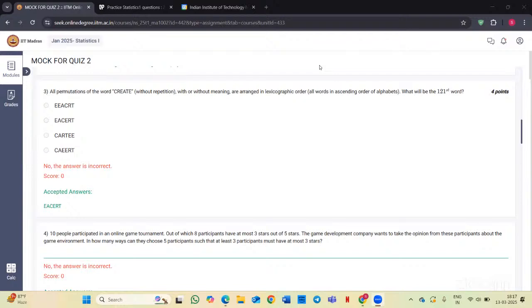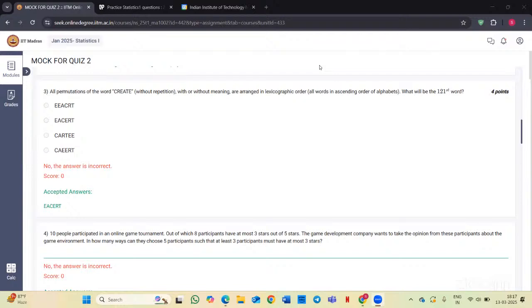So basically in this question, it has been said that you have 10 people, and out of those 10 people, 8 participants have at most 3 stars. That means 8 participants must have 3 star, 4 star, or 5 star. Correct? Then it is saying that the game development company wants to take the opinion from these participants about the game environment. In how many ways can they choose 5 participants?